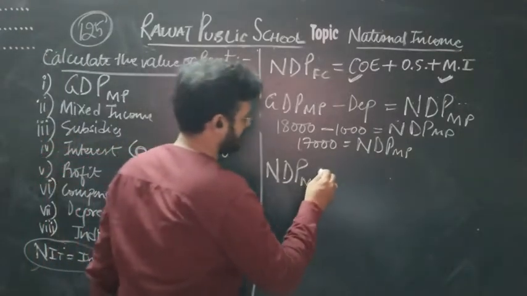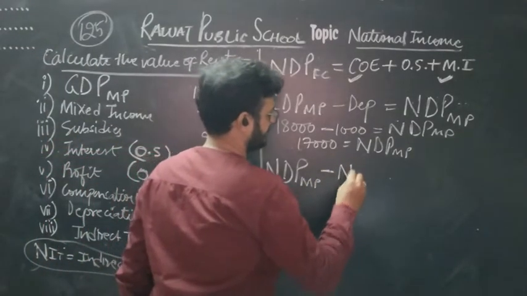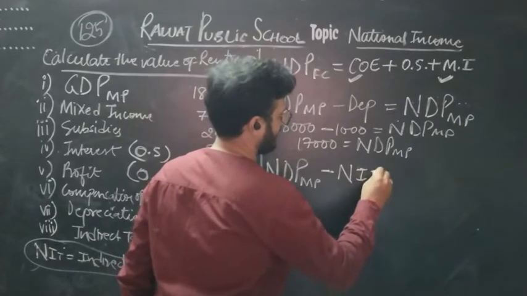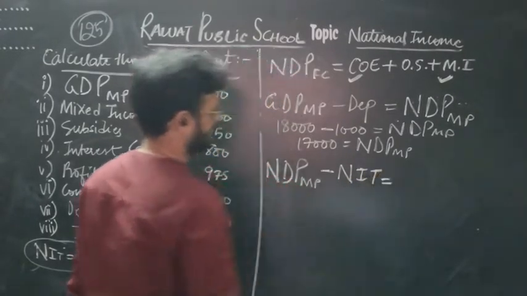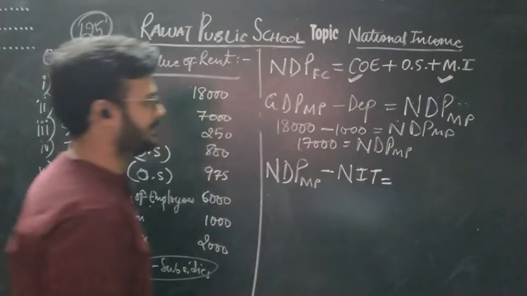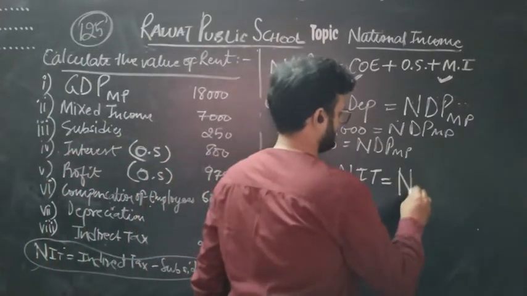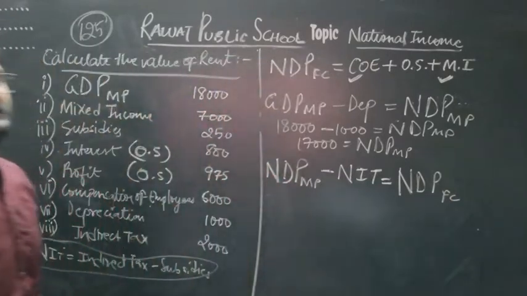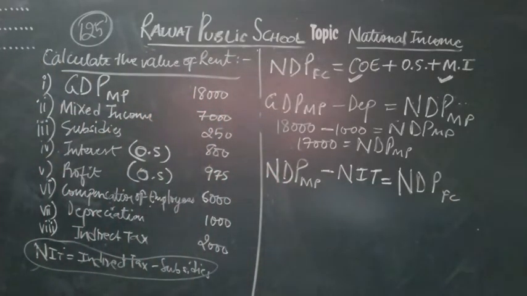When net indirect taxes are deducted from NDP at MP, it becomes NDP at FC.